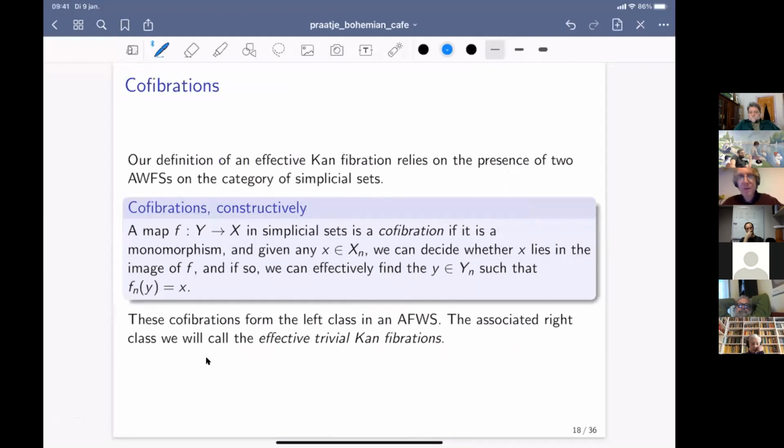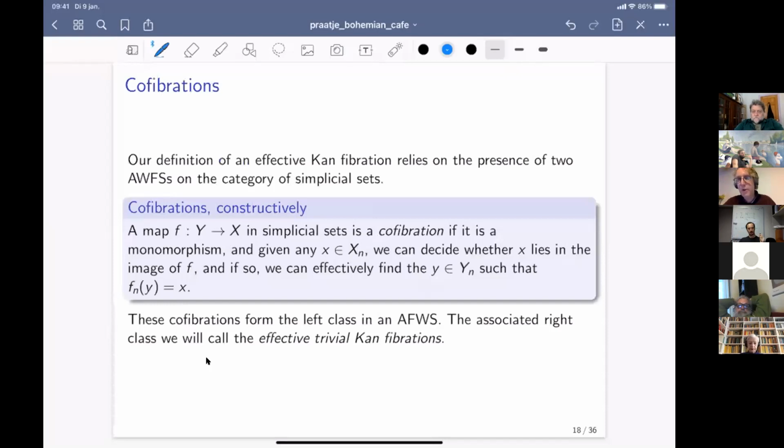As I said, to define our effective configurations, we rely on the existence of two algebraic refactorization systems on simplicial sets. One is the cofibration-trivial fibration refactorization system, which we have to adapt a bit in the constructive setting that we work with.